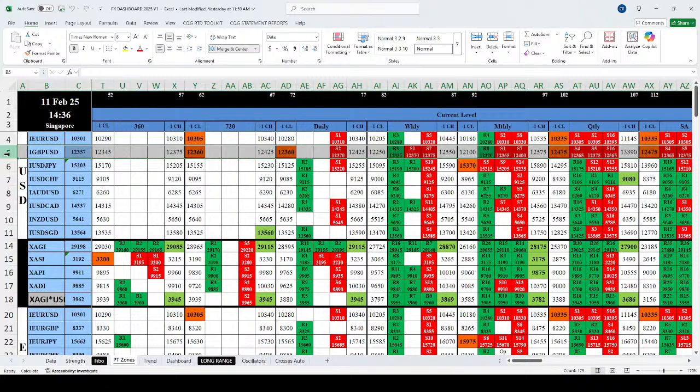If you look into the PT zones, they are saying that daily is already in a downward force, and weekly we are having a mixed signal, but I think we have two selling forces coming into play, so we should see the weakness continuing.